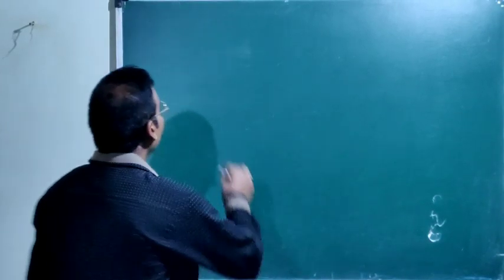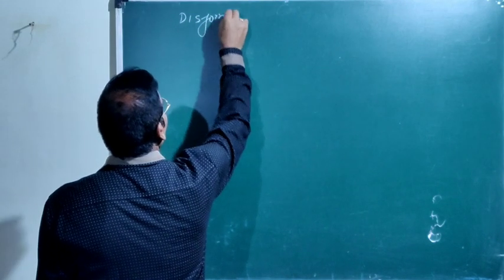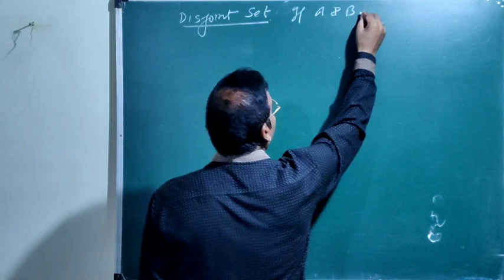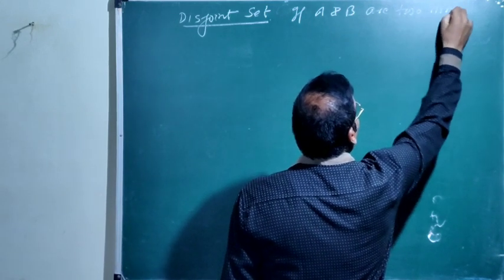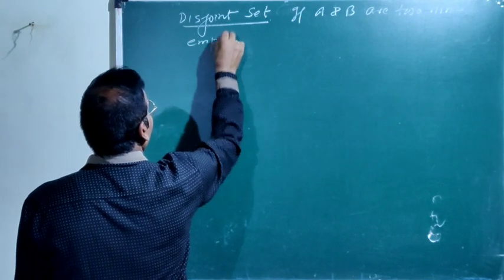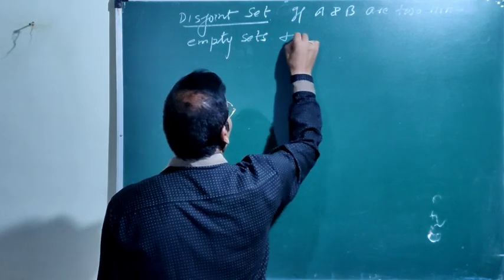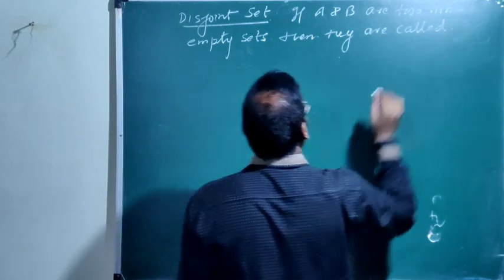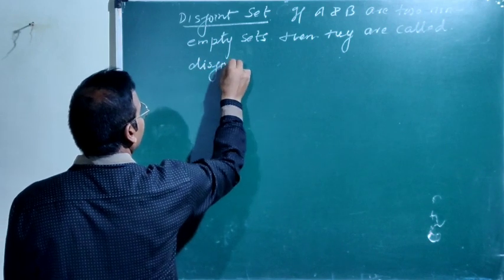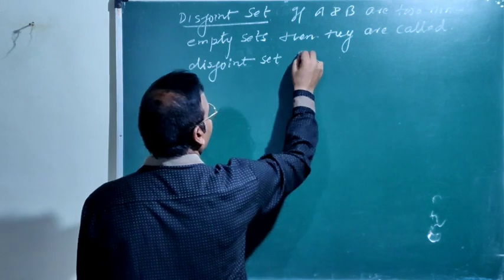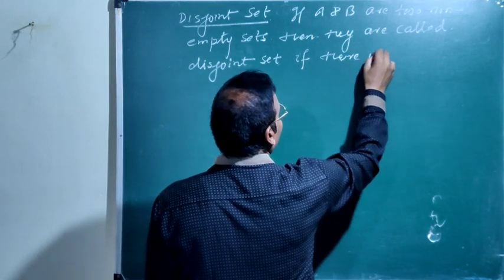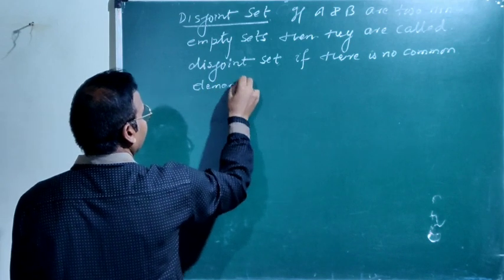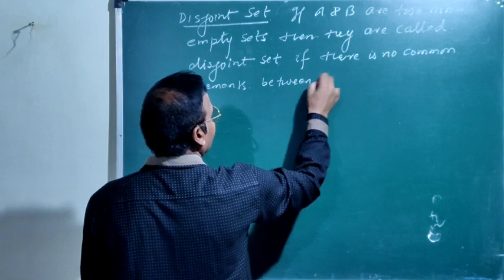Now the next topic is disjoint sets. If A and B are two non-empty sets, then they are called disjoint sets if there is no common element between them.